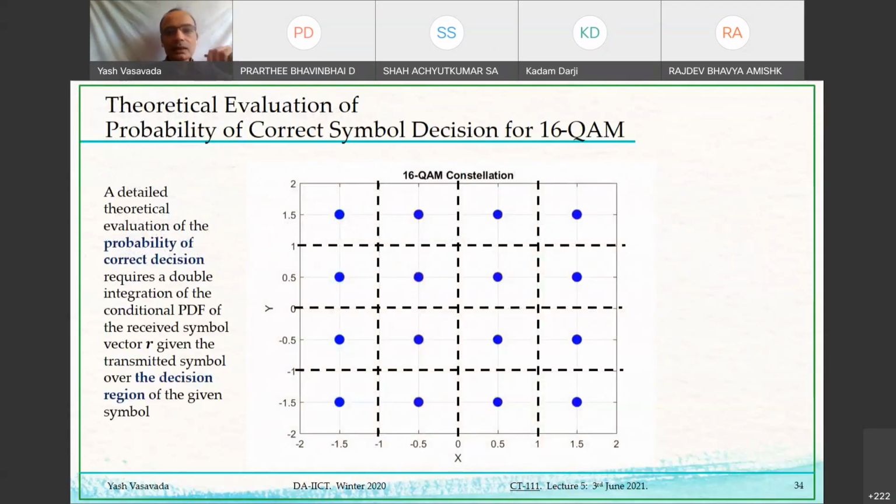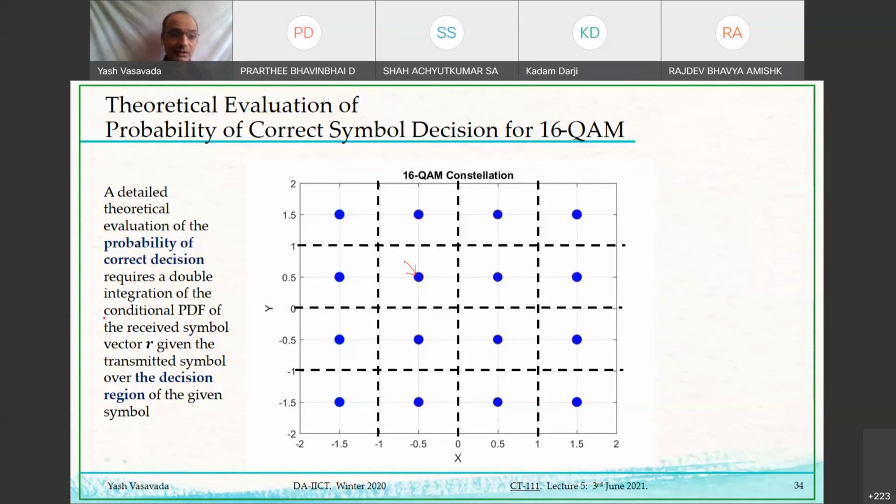Okay, so we have said this is our constellation. These are our constellation symbols. And suppose now I want to determine the probability of correct decision when the transmitter has sent this symbol. What I would need to do, an extension of what we did earlier for the case of BPSK, is take the conditional PDF of the received symbol.